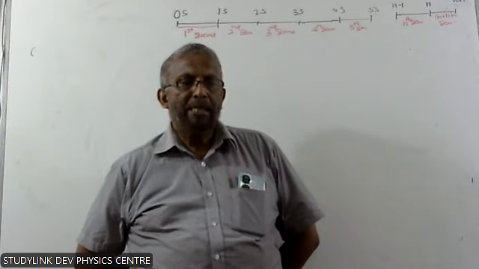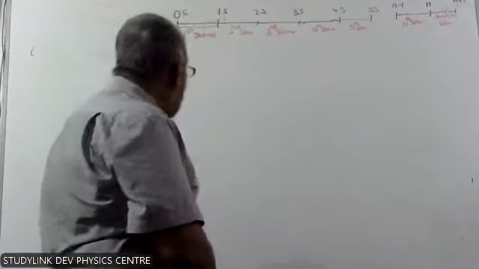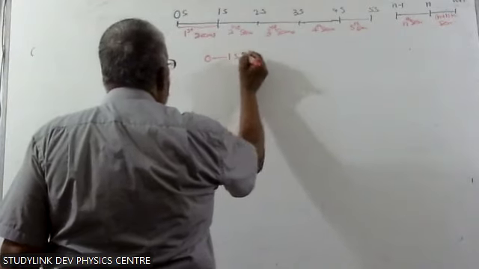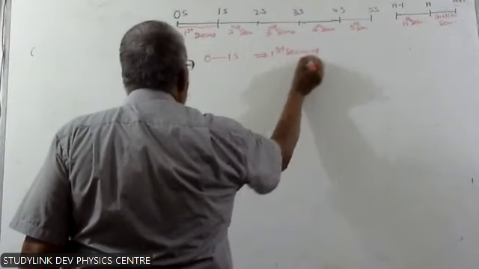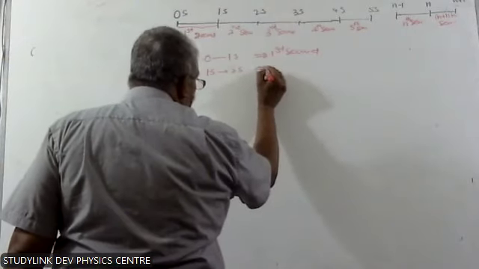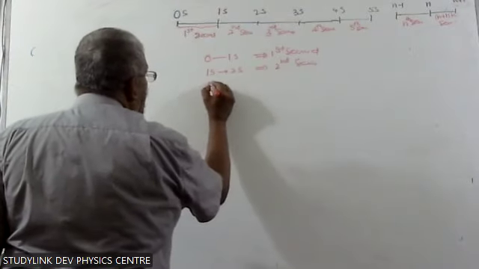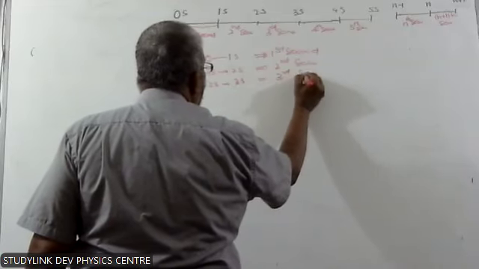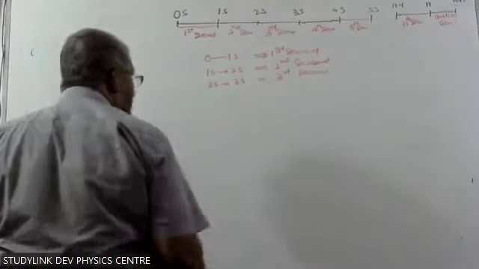Then 2 to 3, the third second. In that way, 0 to 1 in seconds is the first second, 1 to 2, as I wrote there, the second second. Then 2 to 3, the third second. Like that we can go on.